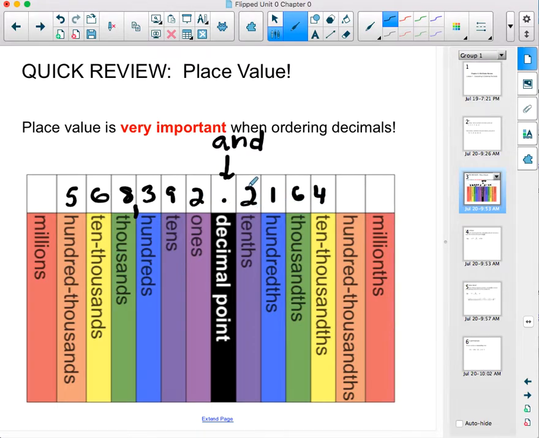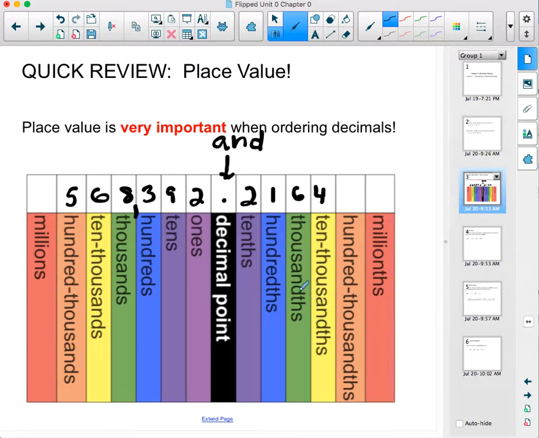So here's what I like to do. I cover up the decimal, I cover up this piece here with my hand, and then I read this number as if it were a whole number. 2,164. Then you have to read the place value of the 4. That's our 10,000ths spot.